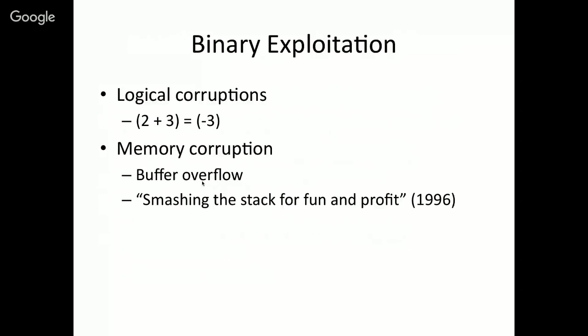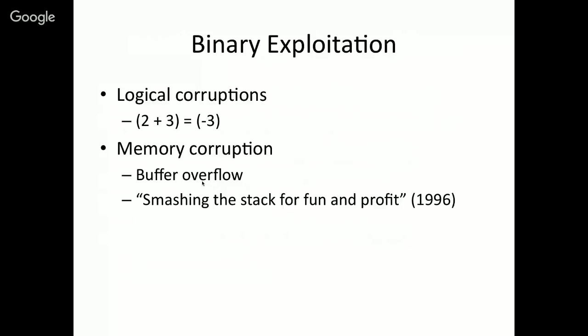I can only store 0, 1, 2, 3, and -1, -2, -3. I can't actually store other numbers. So 1, 0, 1 turns into -3. Don't really worry about why that is. If you're interested, I can explain it to you after this.